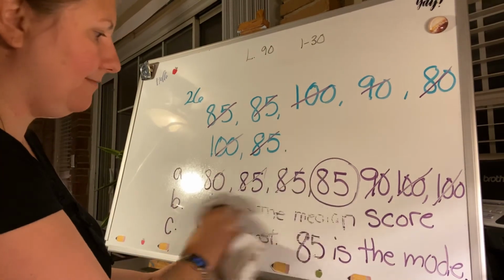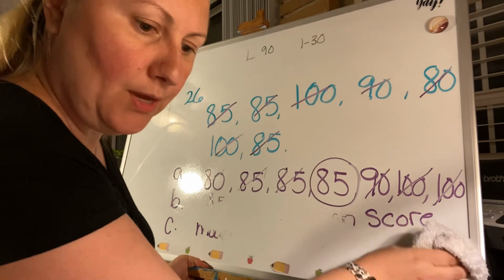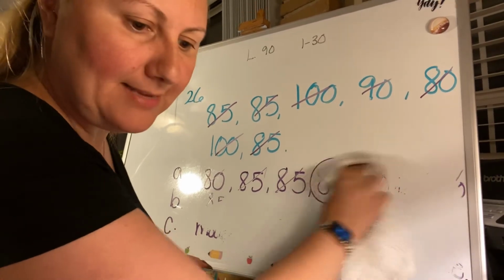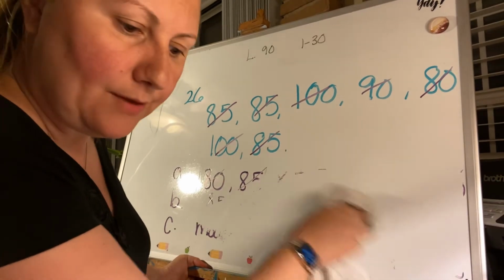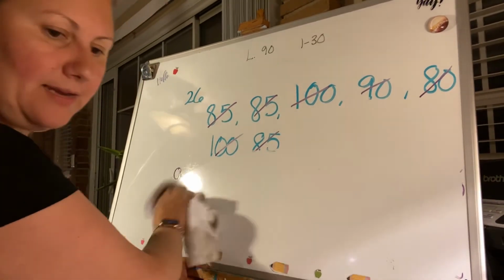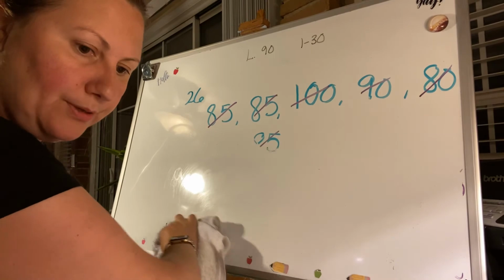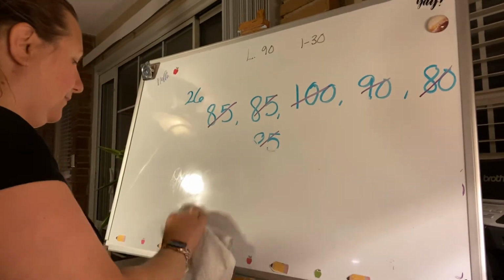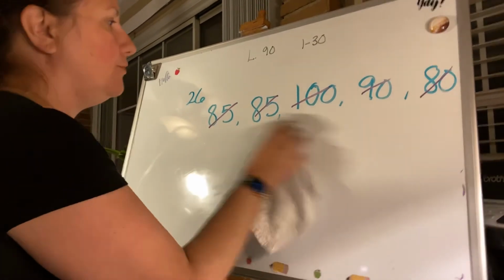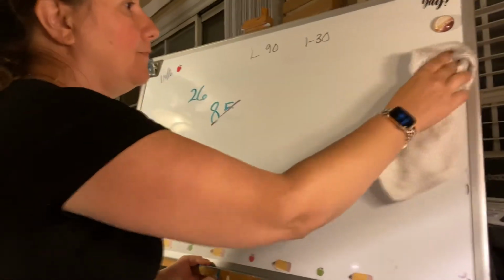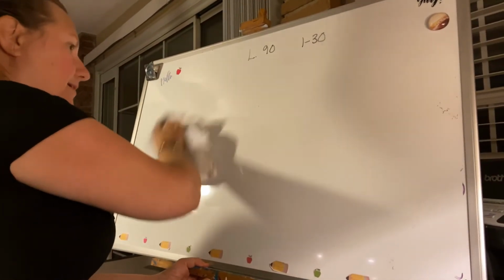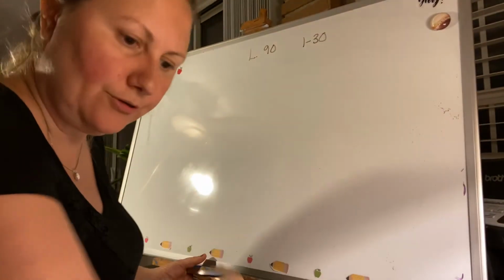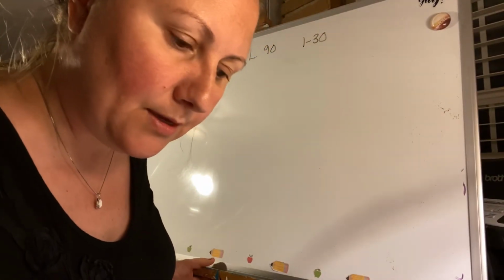Number 27 asks you, what is a reasonable estimate? Ooh, that sounds like we're going to round something. What is a reasonable estimate of the number in each group? We don't know the number in each group. Let's find out what it wants.